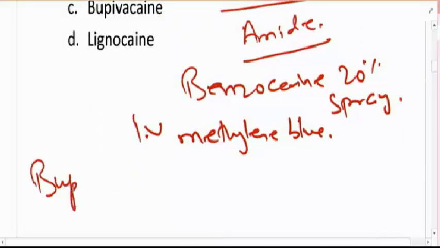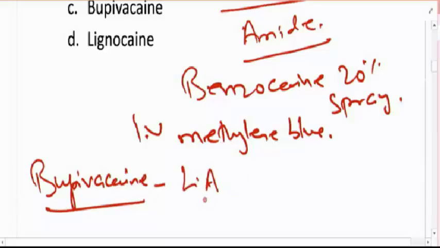Bupivacaine is a long-acting local anesthetic.